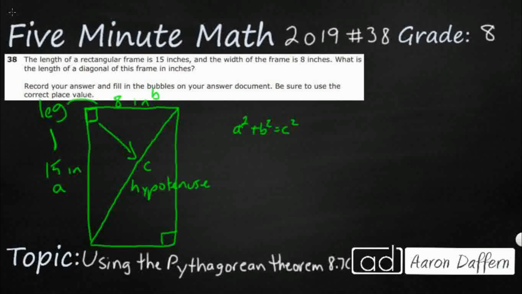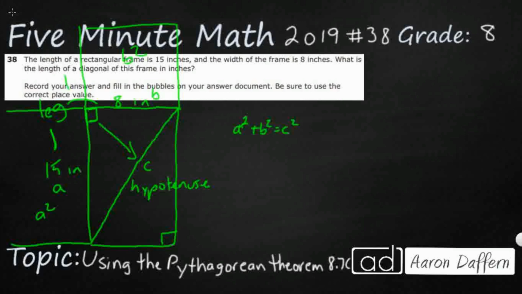And what this a squared plus b squared equals c squared means is if we were to actually make each of these into squares, and I put it too close to the side of the screen, so pretend that's a full square, right? And if we were to take the whole area of that, well, that would be a times a, or a squared. So that's the area of that. Take the area of this b right here, which would be b times b, so that's your b squared.